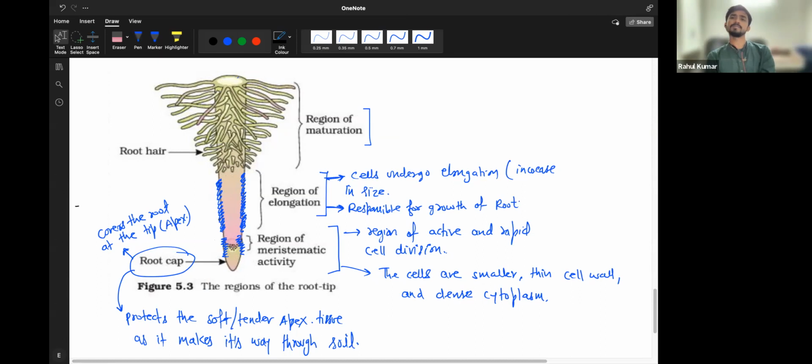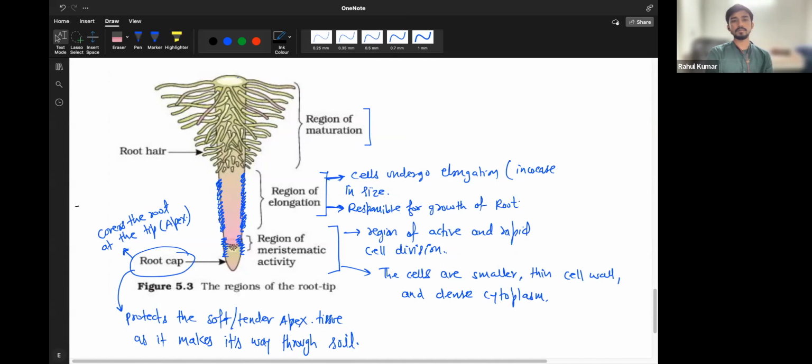Now in plants, what happens? Only the meristematic tissues can divide and form new cells. Over time, when they grow in size and become big, they become mature and they lose their ability to divide further. Okay.